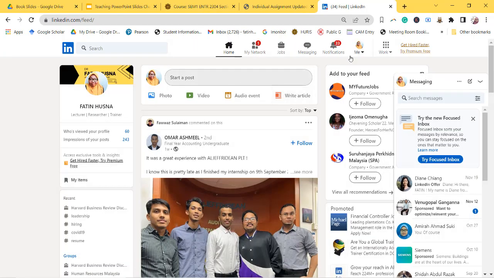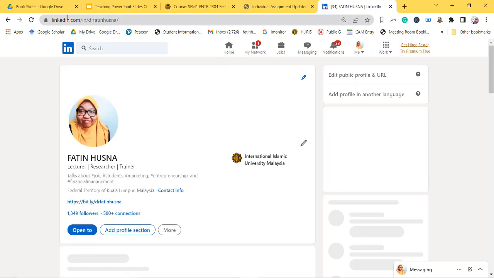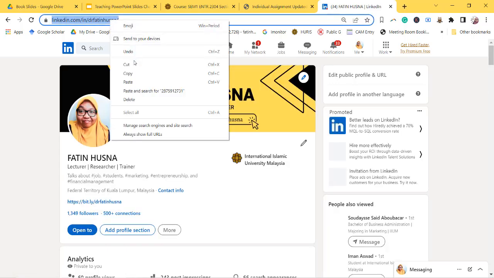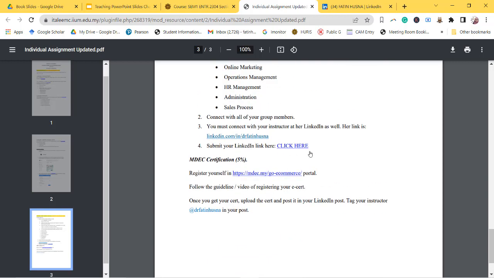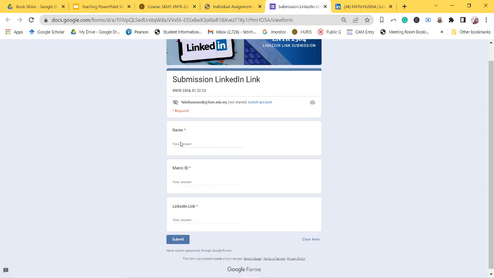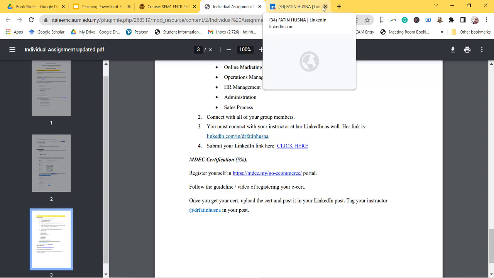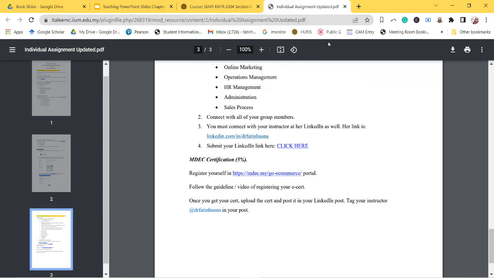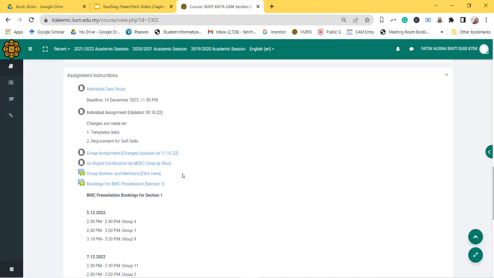Connect with me and your group members, then copy your LinkedIn URL and submit your LinkedIn link to this form. If not, I do not know where your LinkedIn is. There are so many of my connections, sorry, so I cannot.